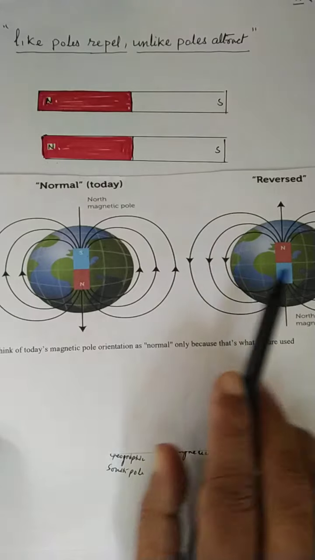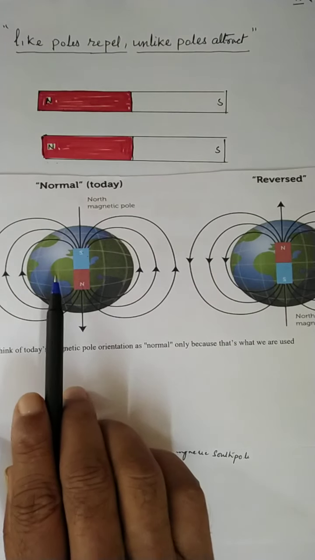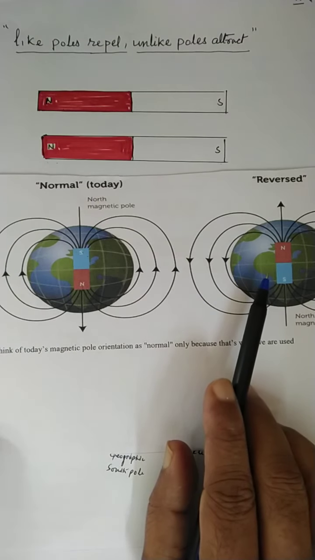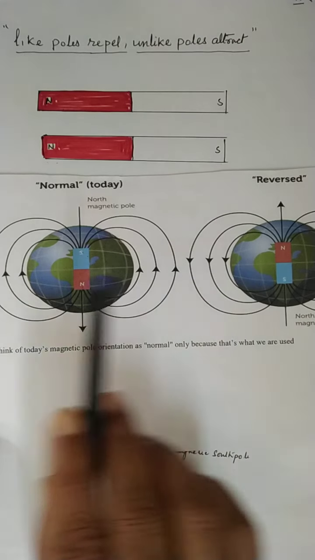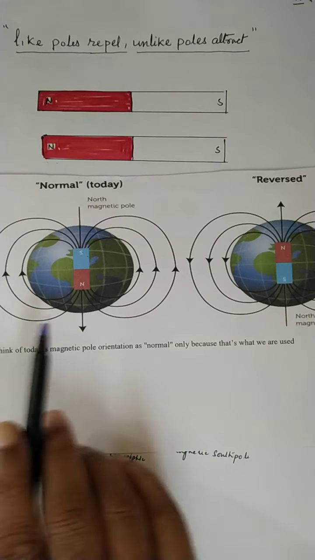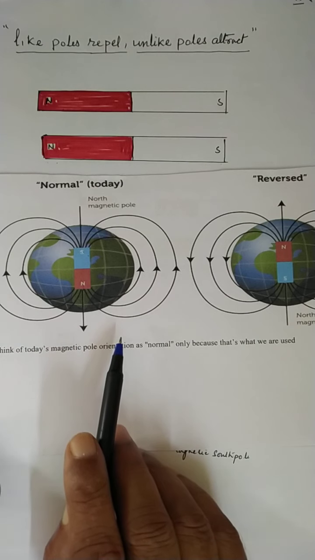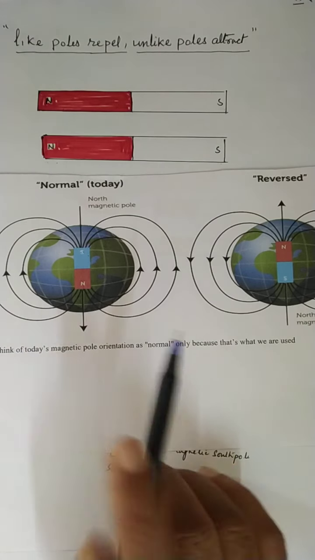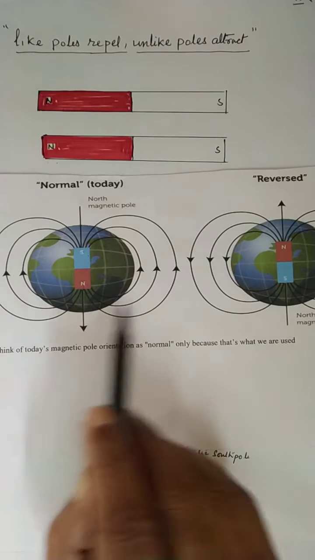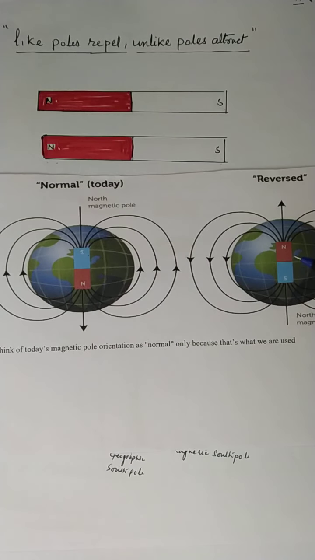But it actually reversed, and it happened hundreds of times in the past. The scientists have found it out. And when it happens, it just flips the magnetic poles. The north pole will be in the south, and the south pole will be in the north.